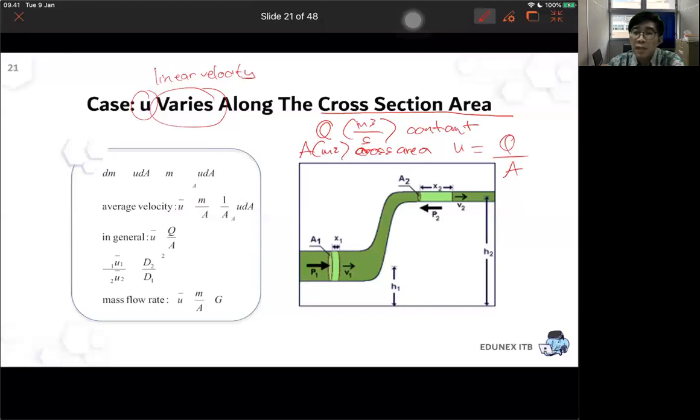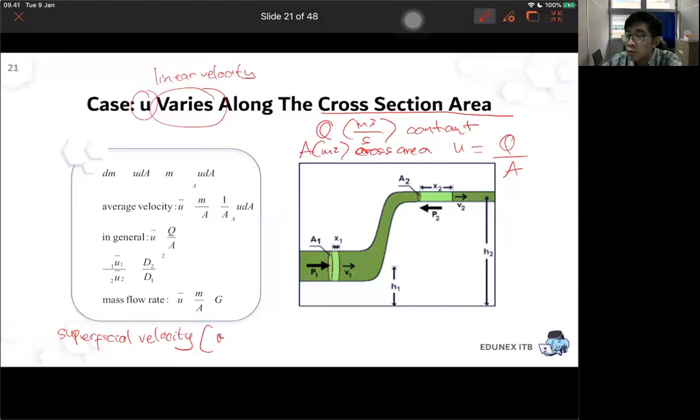If the liquid is not fully filling the pipe, then the cross area is only the cross area of the liquid, not the full cross area of the pipe. Okay, sir, thank you very much. Actually, later we will have the term superficial velocity. Actually, it is the same as this linear velocity.